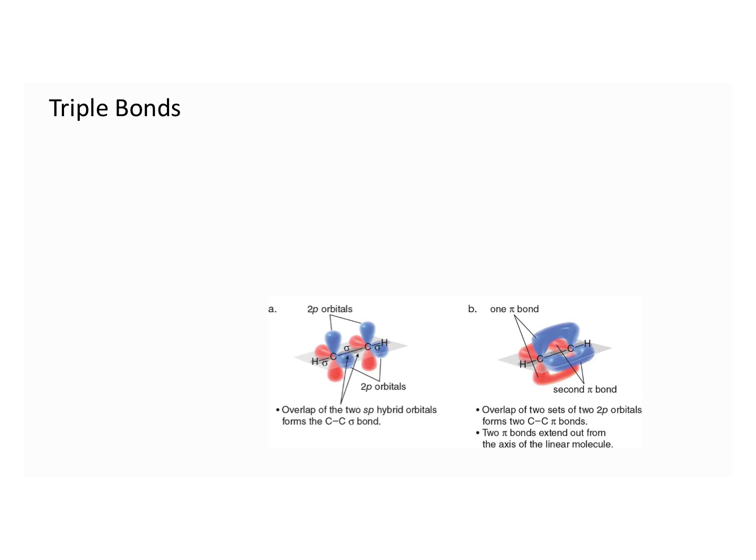And so we see that there's an overlap here and here, and those form the two pi bonds that extend out from the axis of that linear molecule. So all triple bonds are composed of one sigma and two pi bonds.